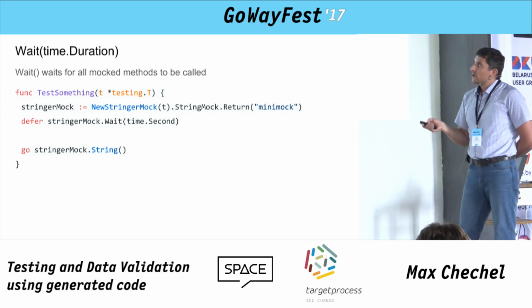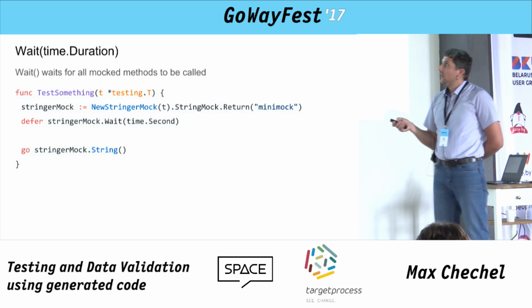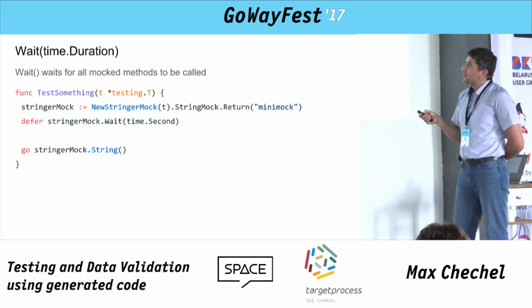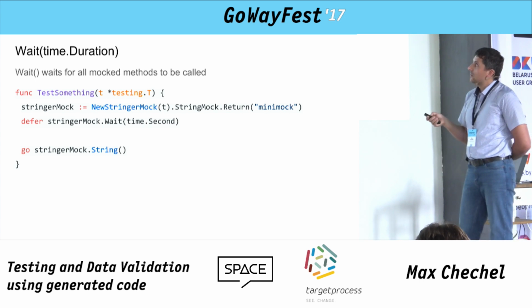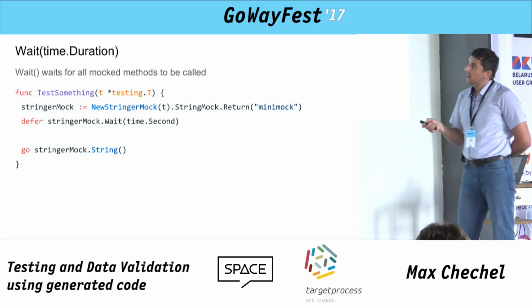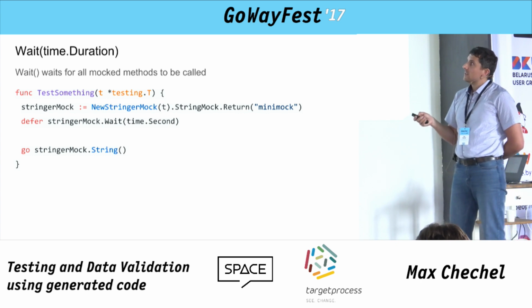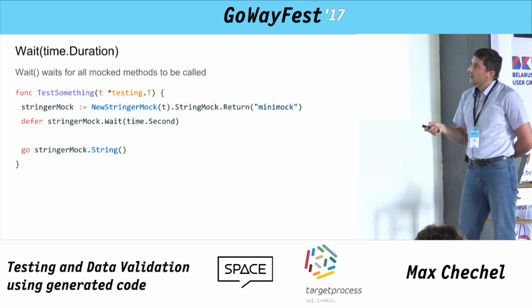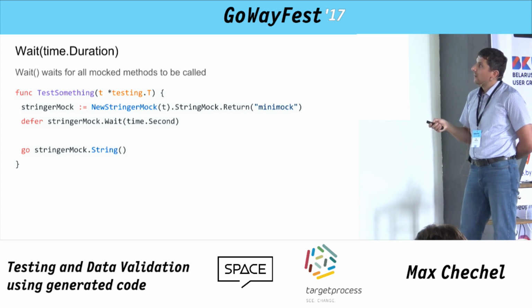And instead, you can just use this Wait method. What it does is that in the worst scenario, it will pause your test for up to a second. But it will check that during your test, you actually call String.